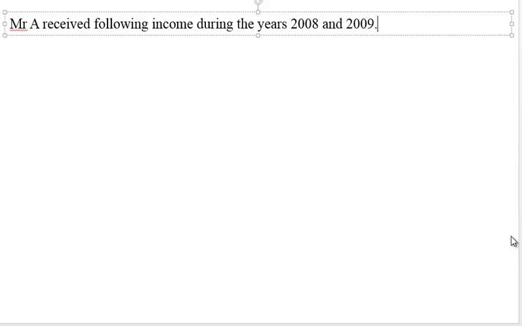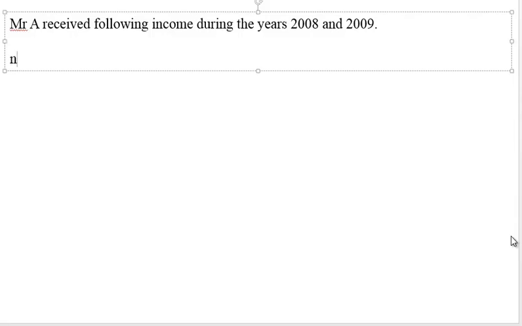Let's say Mr. A received the following during the years 2008 and 2009. First of all we will explain the source of income, then the period, and then the amount received.